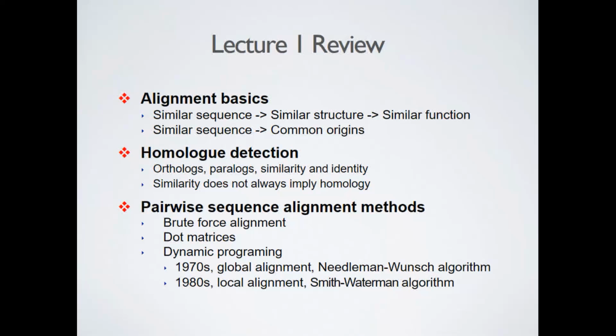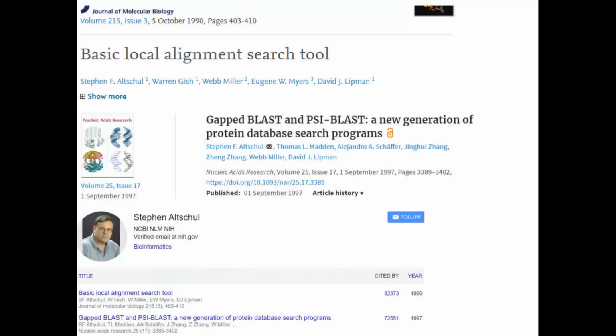If so, can I use the function of the known protein to guide my experiments? So at the beginning, everyone was using the Smith-Waterman method, and everyone was happy with that. But with time going by and with the increasing amount of sequences, the Smith-Waterman algorithm became too slow.